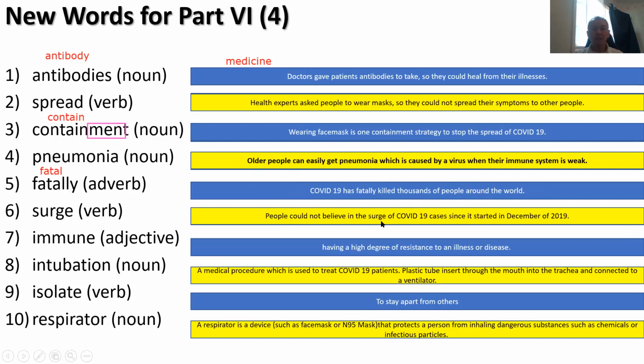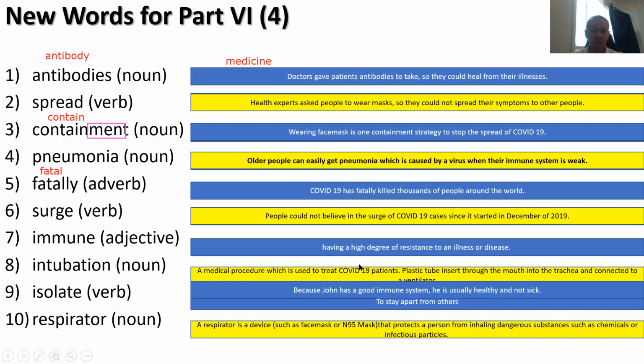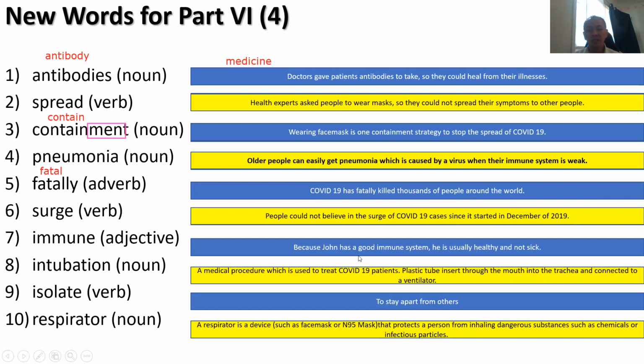People could not believe the surge of COVID-19 cases since it started in December of 2019. Because John has a good immune system, he is usually healthy and not sick.